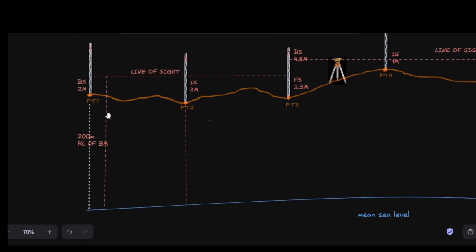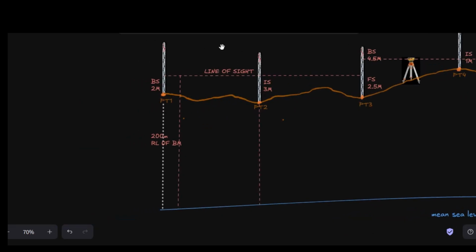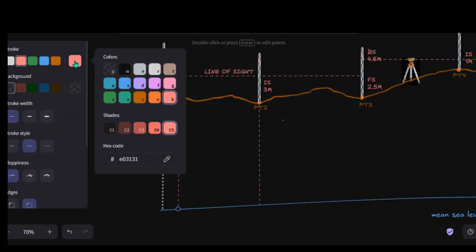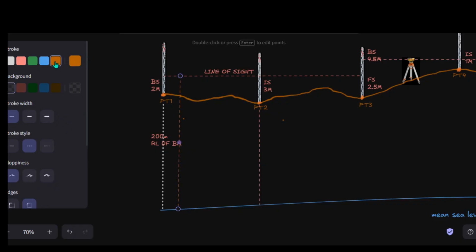So for the vertical line, I'm going to change this color so that it stays very different and unique. Let's say this is a vertical line here. Let me call it blue.